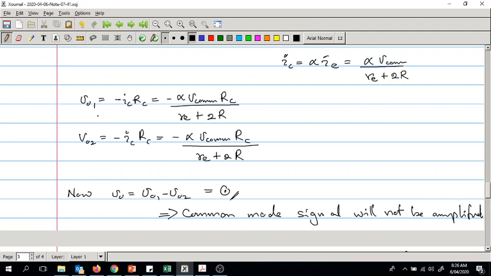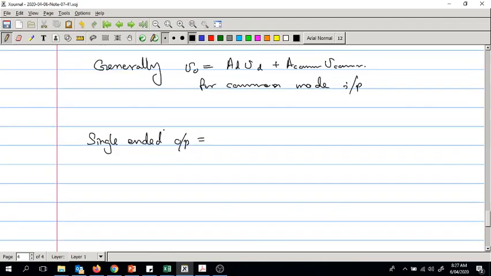So single ended output is alpha RC over RE plus 2R, right? Because this is your input, so the gain would be minus alpha RC over this. So let's write that in here. This is not actually single ended output, this is single ended gain, right?